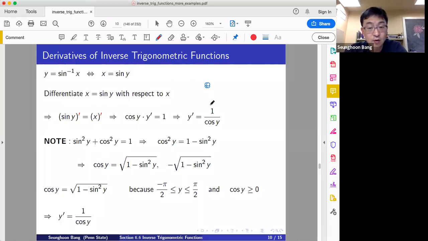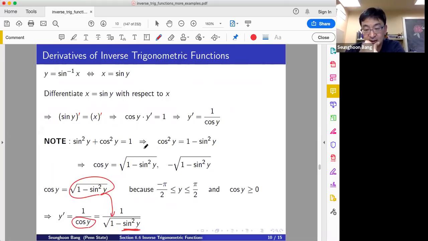We are going back to this one again. You can change it. What's cosine of y? The cosine of y is here. You plug this in and change back. What is sine of y? Do you know sine of y? It is x, right? x.